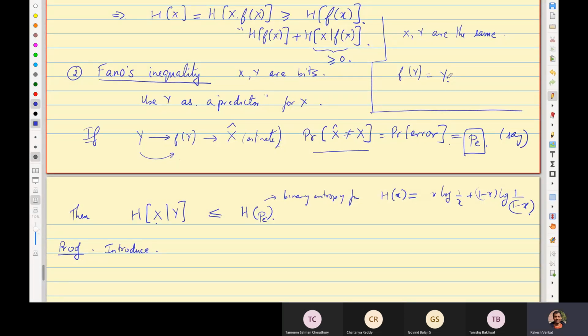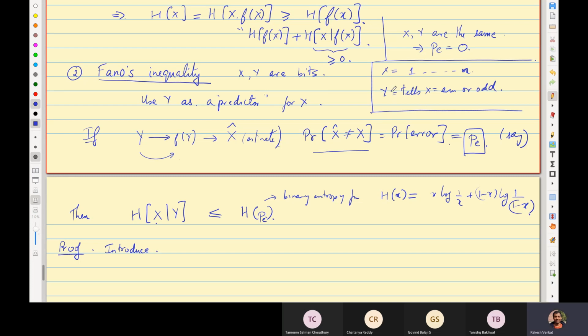On the other hand, suppose you use something slightly different. For instance, suppose x is uniform like before in 1 to n, and y is a variable that just tells you whether x is even or odd. So what is the probability of error?